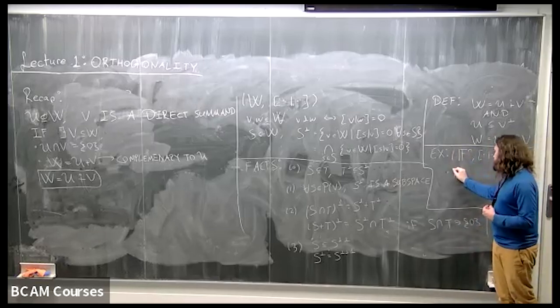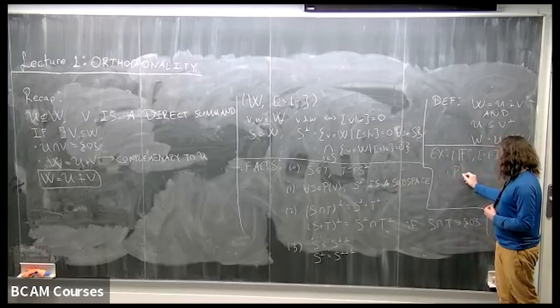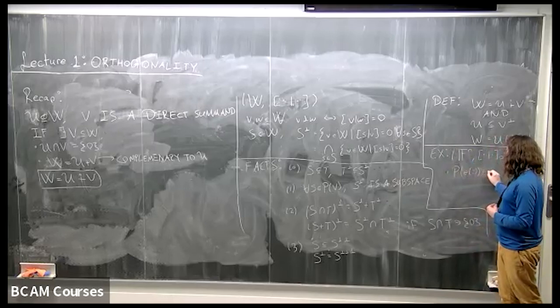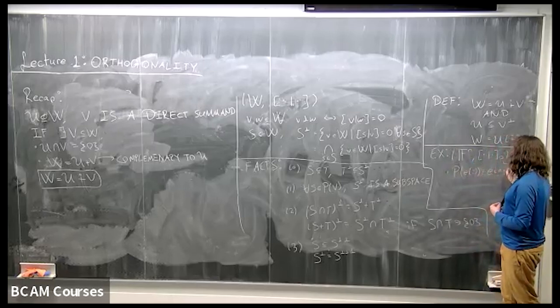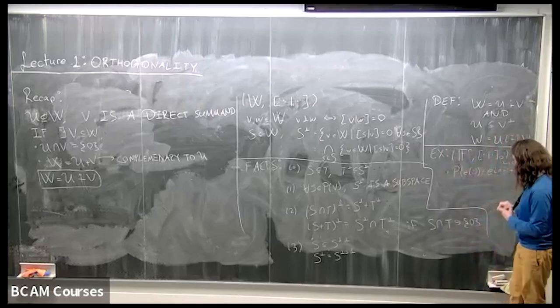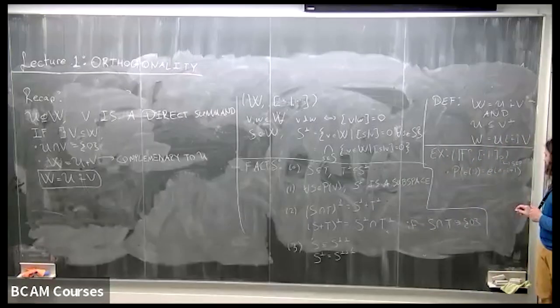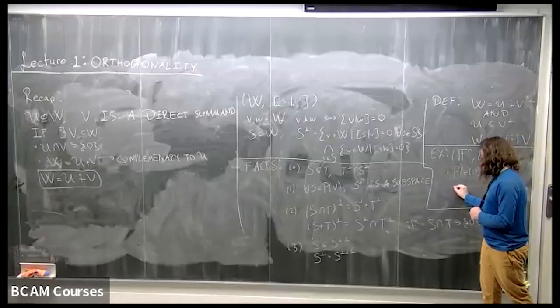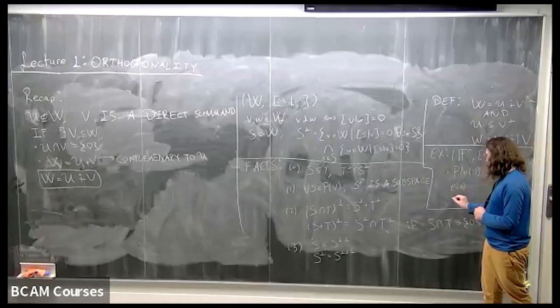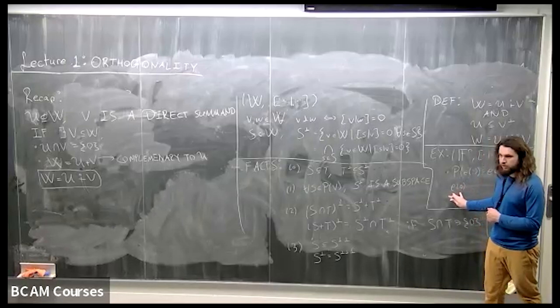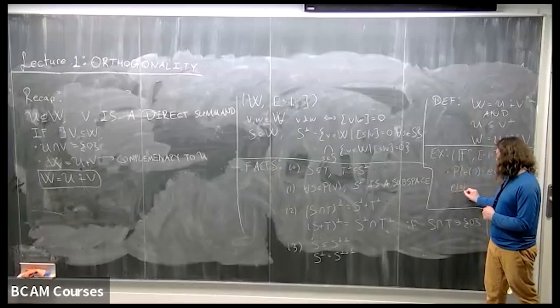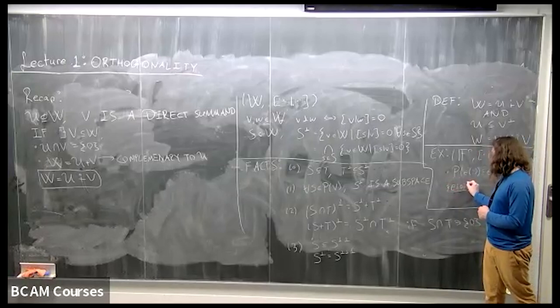And as a reminder, this is defined as follows: P of e_i is e_{n-i+1}. So then maybe the simplest subset I can have is just a set consisting of only the first basis vector.